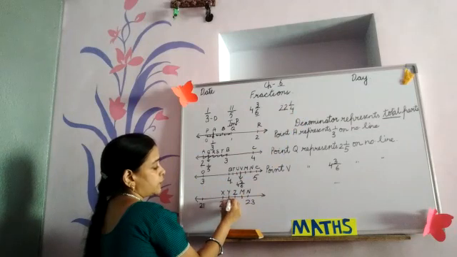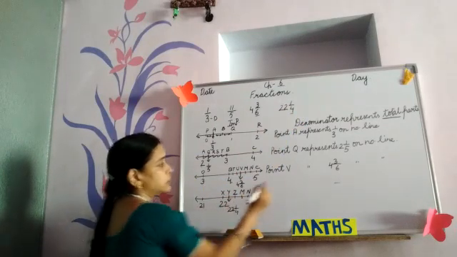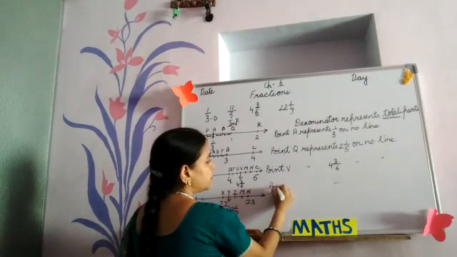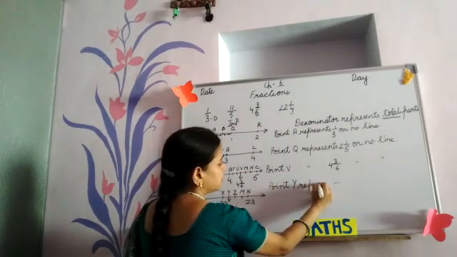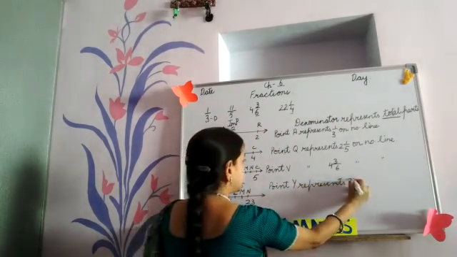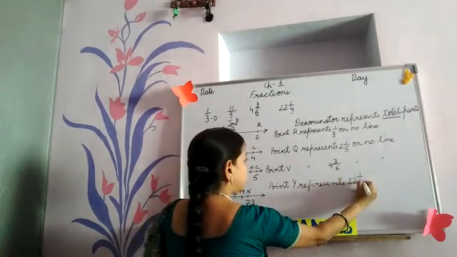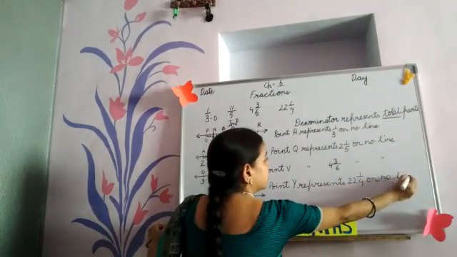So point Y represent 22 1/4, and we can write point Y represents 22 and 1/4 on number line.